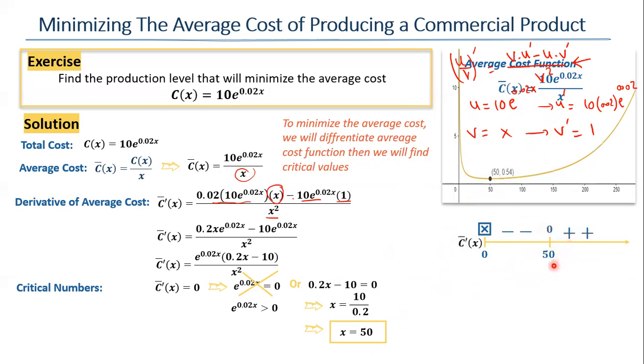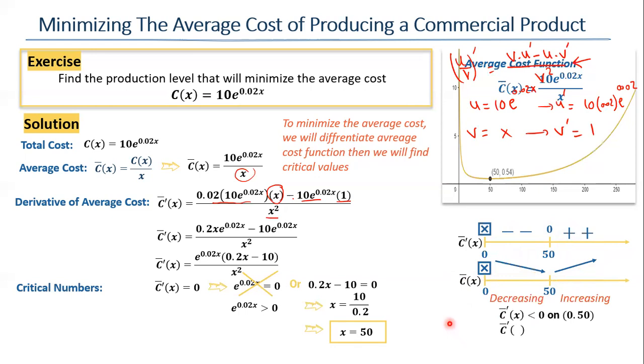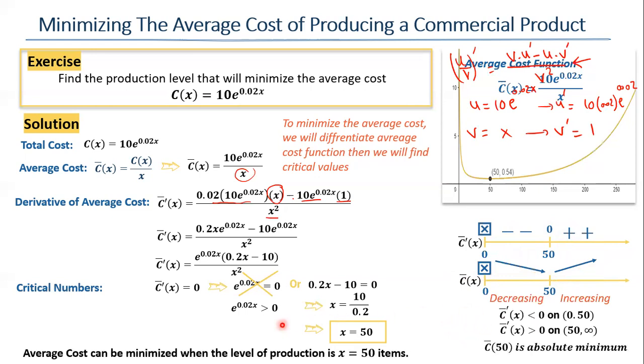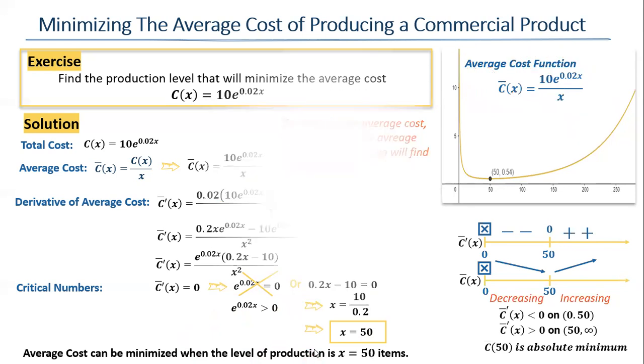To the left of 50 it is negative, and to the right of 50 it is positive. So to the left of 50 the average cost is decreasing and on the other side increasing. So x equals 50 is an absolute minimum. So the average cost can be minimized when the level of production is x equals 50 items.